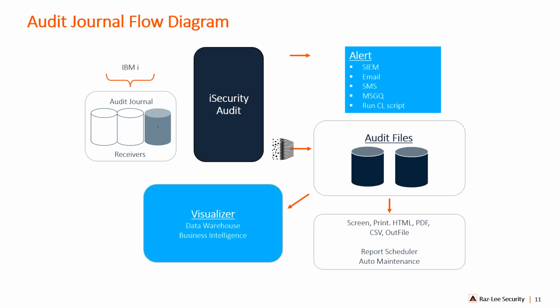It takes all logs of the QAUDJRN journal and additional logs like from QHST, and can show us on the screen like an audit log, and we can make additional export activity like alerts to SIEM, like QRadar and other famous SIEM systems in the world, including alerts to email, SMS, message queue, etc.